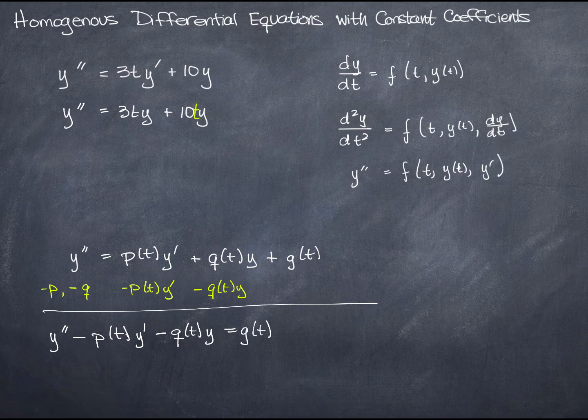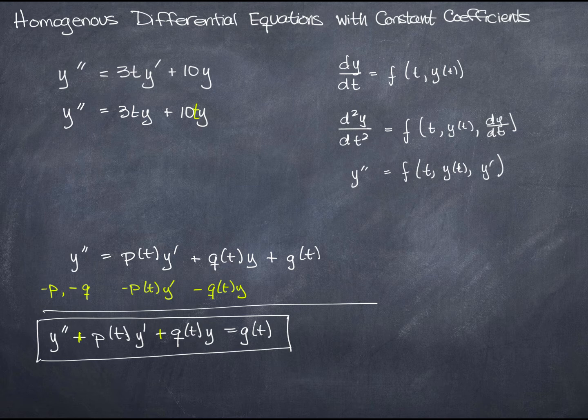And because p of t and q of t are some functions and we don't really know what they are until we know what they are, I can say this is actually plus, right? Because I'm just writing the form. I'm just explaining what the form of the thing looks like at this point. And this is what you have in your textbook.